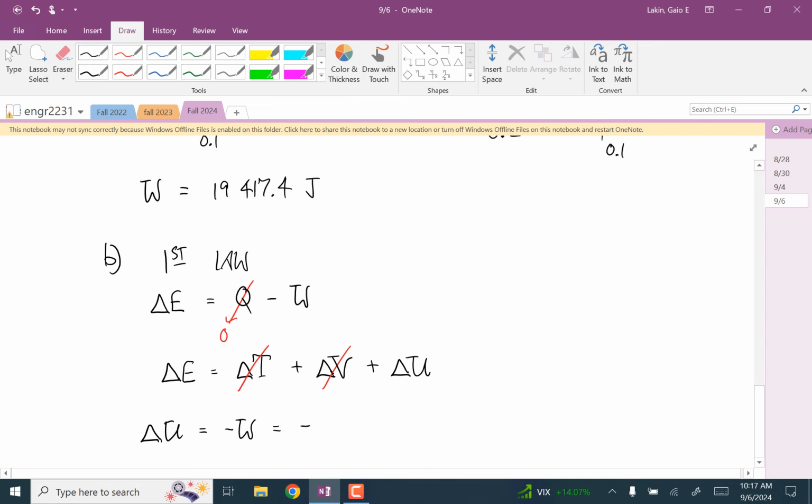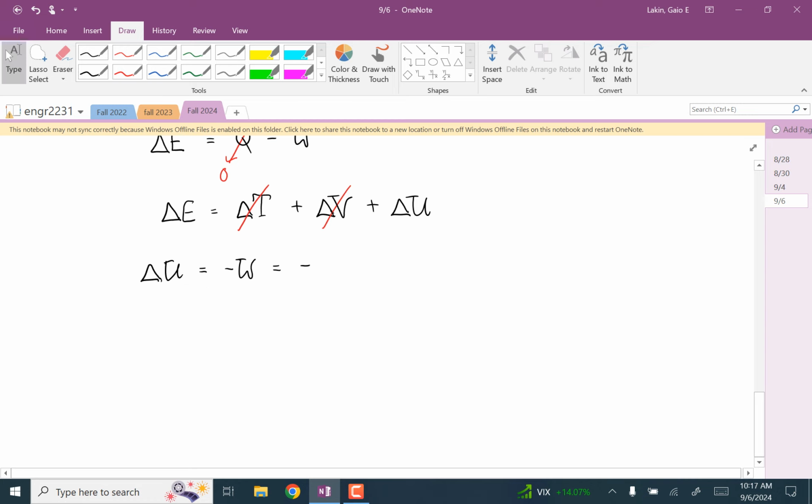And so we have that the change in internal energy is equal to negative W. And so it's negative 19,417.4. If the internal energy is reduced, either the temperature goes down or you're in the middle of a phase change from a higher state to a lower state.